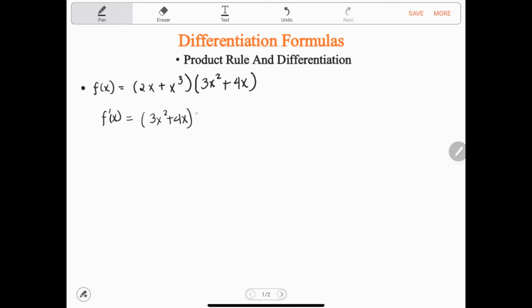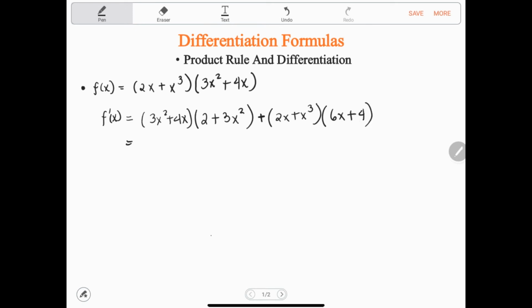Then we'll multiply it to the derivative of the first term, which is 2 plus the derivative of x cubed, which is 3x squared, plus copy the first term, which is 2x plus x cubed, multiplied to the derivative of the second term, which is 6x plus 4.